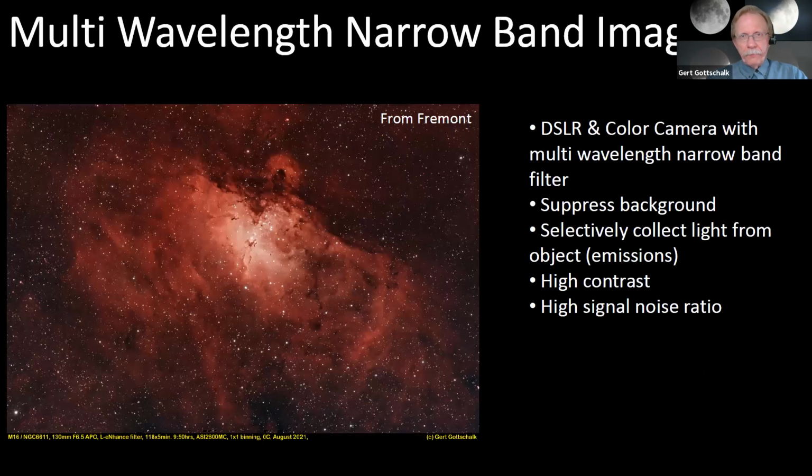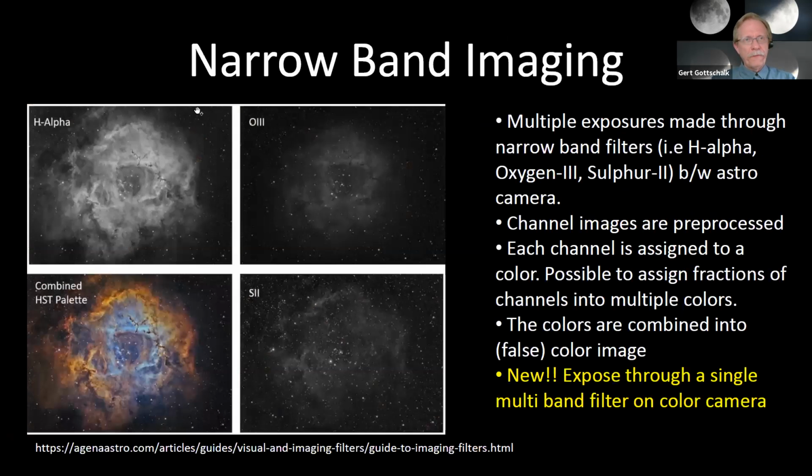Now, pretty recently, we came to a combination of available filters that basically are narrowband filters, but instead of transmitting a single wavelength of light, like in the previous image, we would have one filter for hydrogen alpha, we would have one for oxygen, and so on for sulfur.